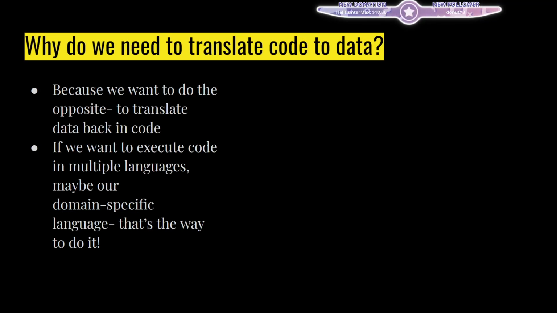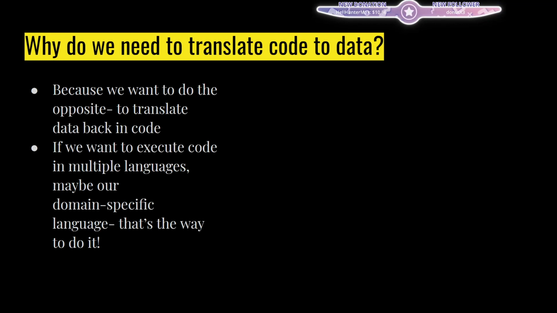But the main reason is that if we can convert code into data, we can do the opposite. We can convert data into code. So if we can convert code into expressions, and then expressions back into code, you might ask yourself, isn't that redundant? Not quite. The main point of this is that we can actually convert not to the same language anymore.